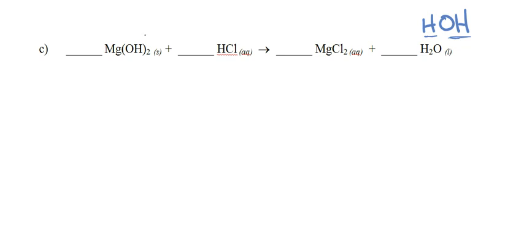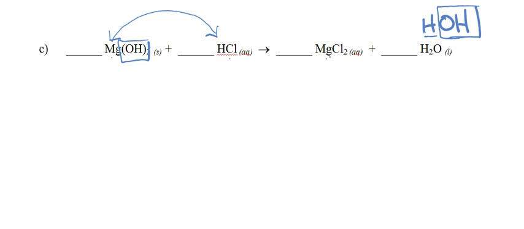And if I look at it and identify it, there's my OH, and in water, there's my OH. And you can see that the magnesium and the hydrogen have switched places. In other words, the hydrogen that was with the chlorine is now over with the OH. Bam, water. And then the magnesium has traded places with the hydrogen to hook up with the chlorine.